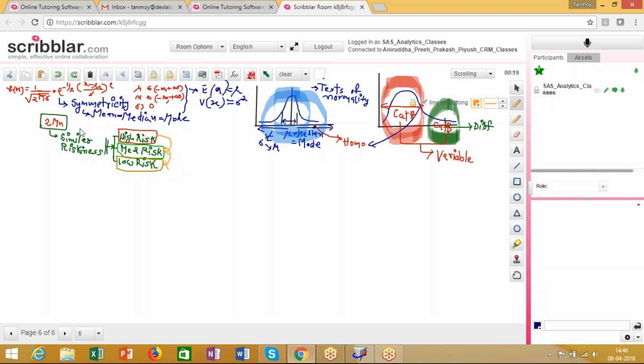Say, for example, borrowers in the high risk segment will have very high delinquency. Similarly, in the low risk segment, you will have absolutely low delinquencies.